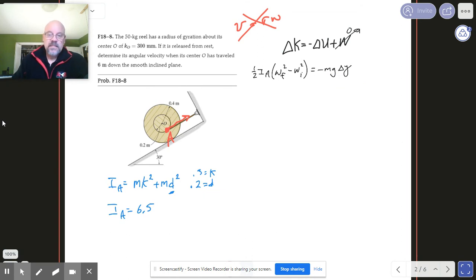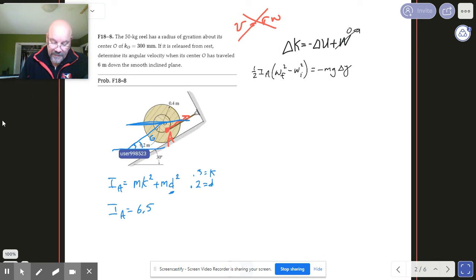So let's think about delta y for a second. Right now we're at some height here, and it says it's going to travel 6 meters down, so the center of mass is going to move down to some new level, and we know that that distance is 6.